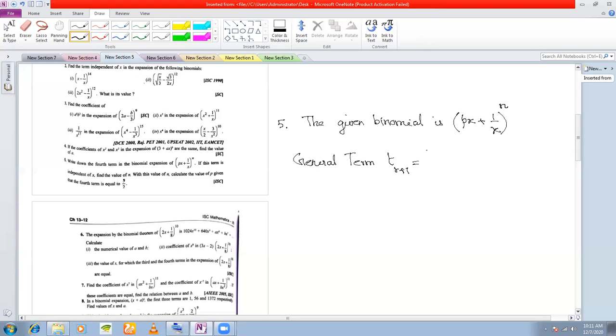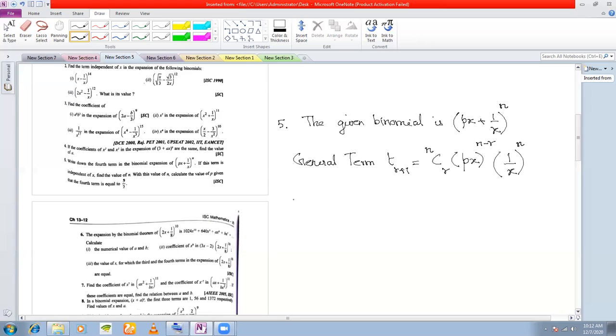And what is this general term? ncr, and what is a here? a here is px to the power of n minus r, and 1 by x to the power of r. Okay, this is the general term.